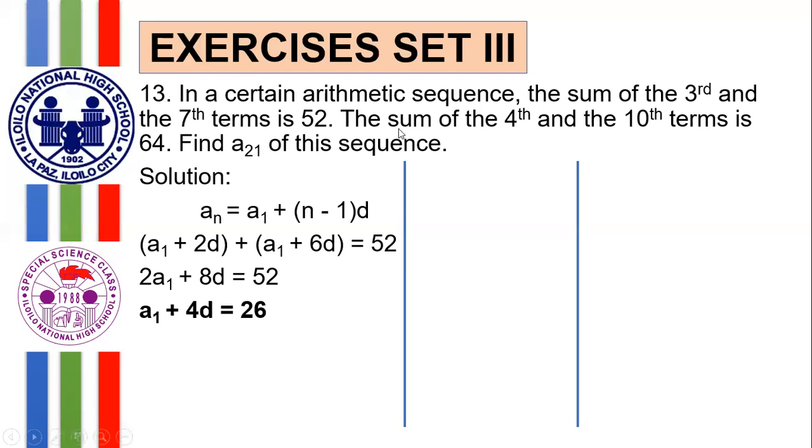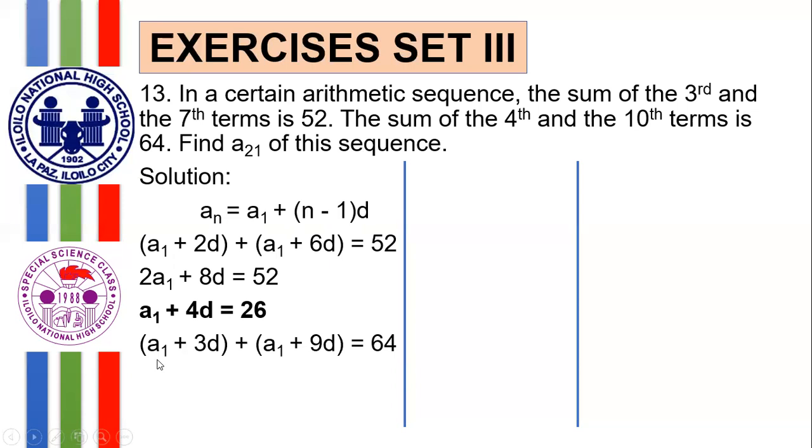For the second equation, it says the sum of the fourth and the 10th terms is 64. The fourth term is a sub 1 plus 3d, and the 10th term is a sub 1 plus 9d. That is by utilizing the explicit form of your arithmetic sequence, and their sum is 64.